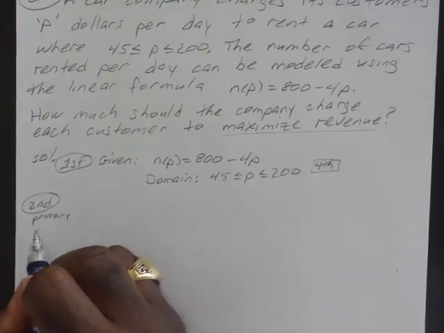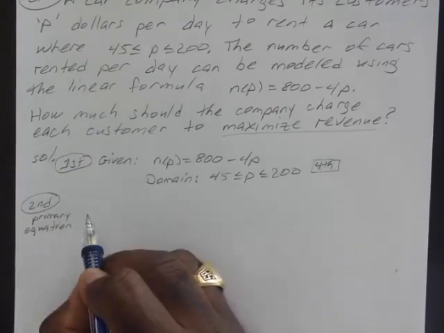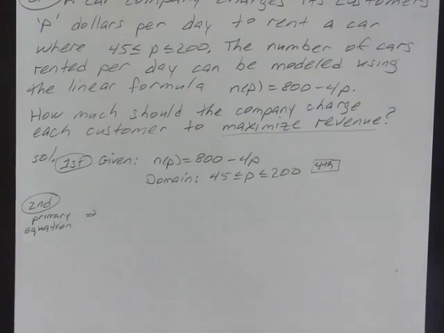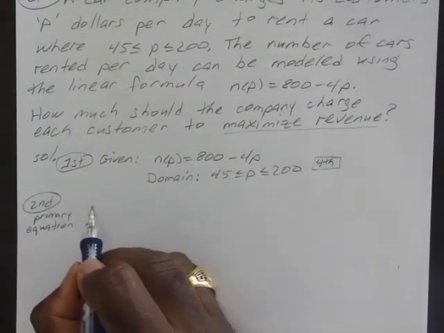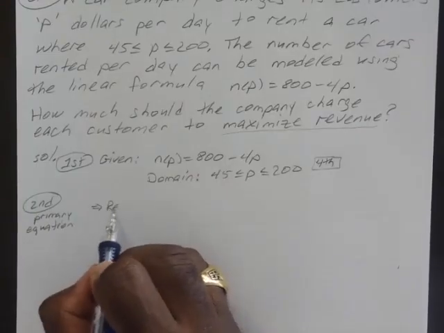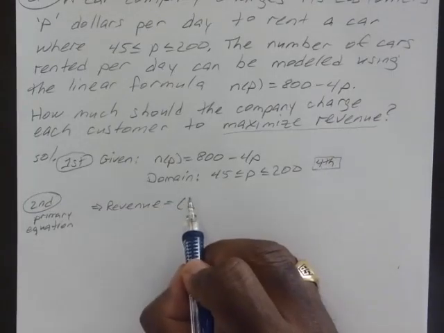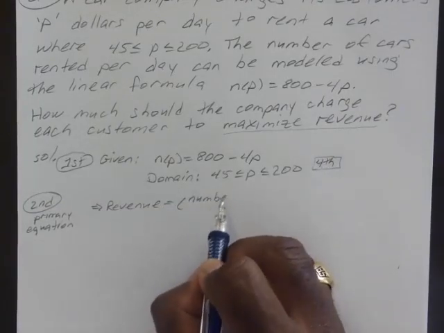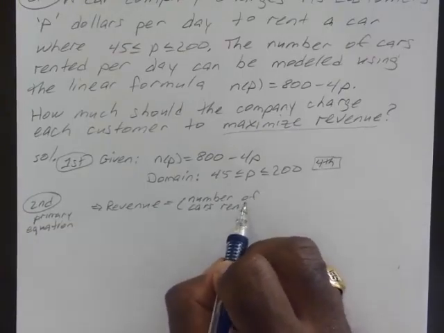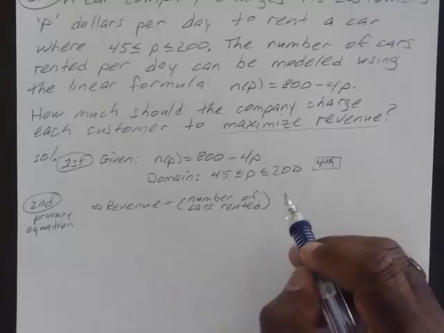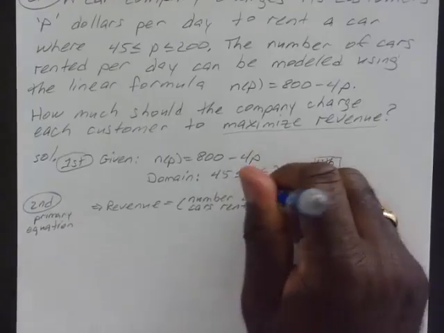So we know that the revenue in this case is just the number of cars rented times the price of the rental.